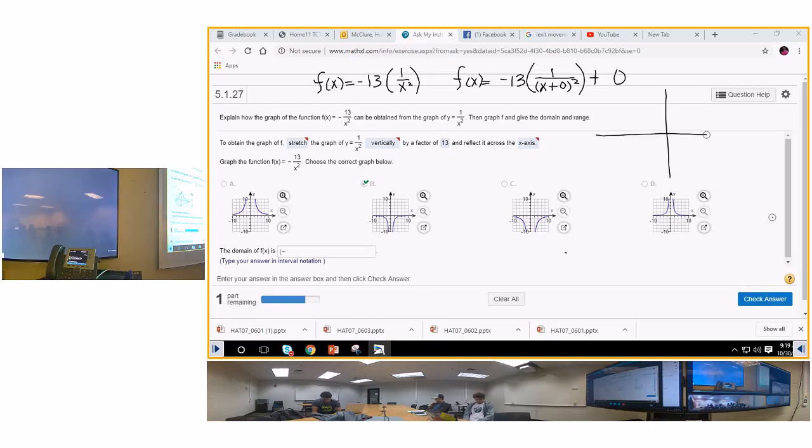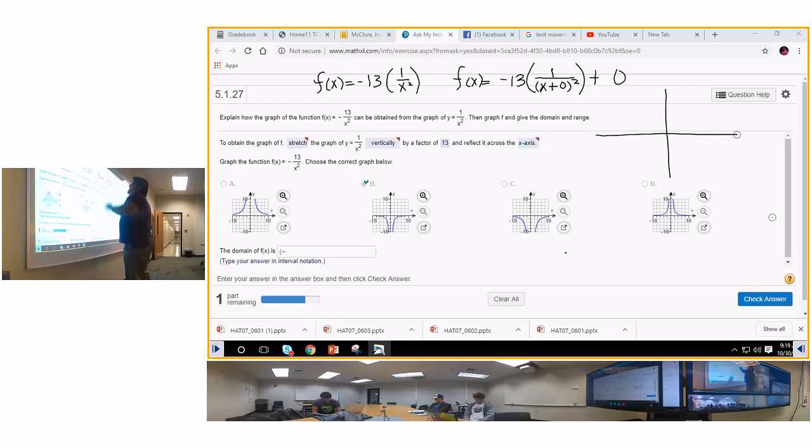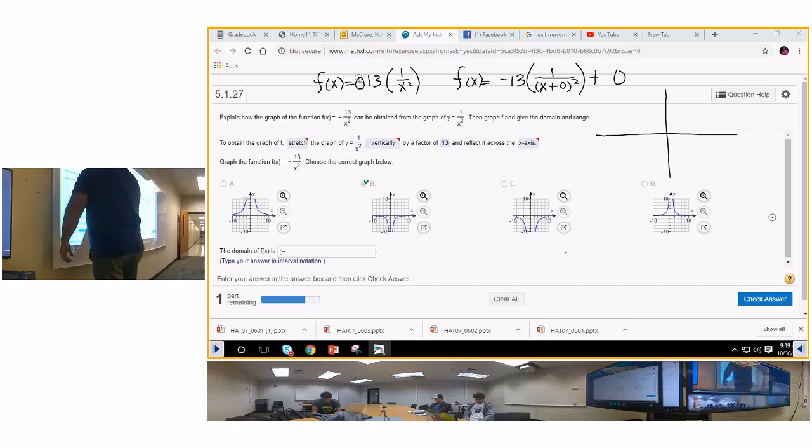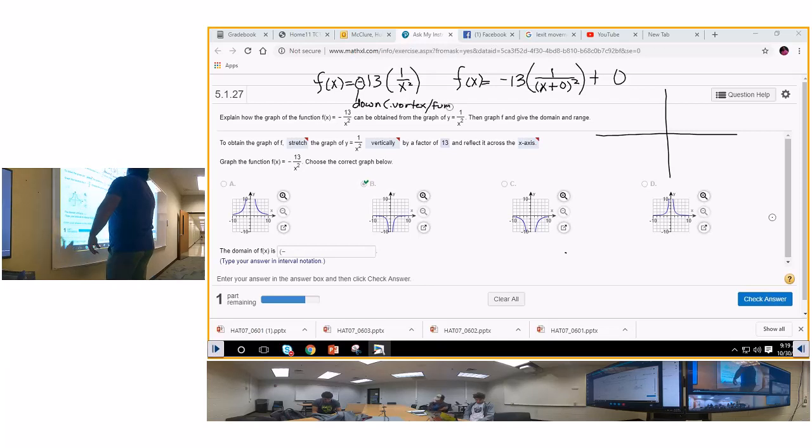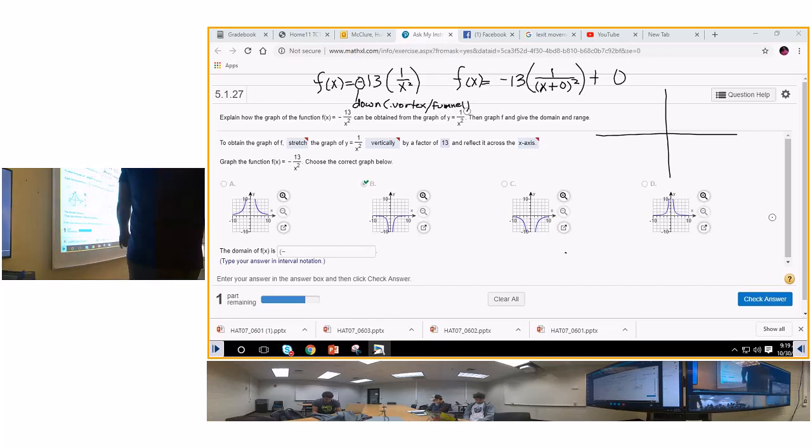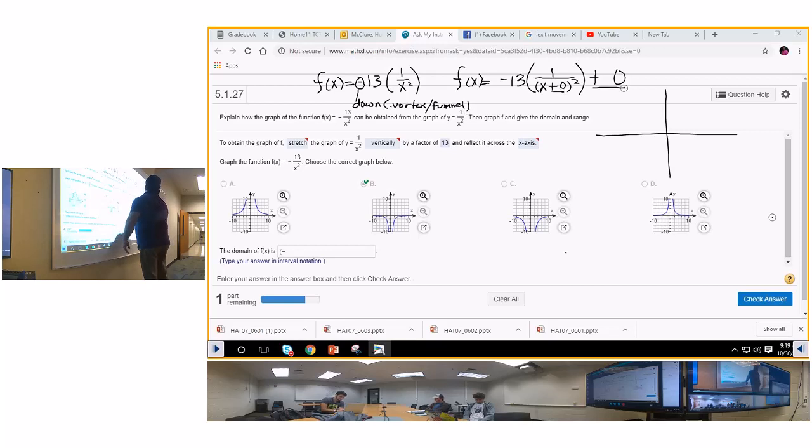And it's going to be a vortex or a funnel because this means it's going down. Anyway, we know the horizontal shift is 0, the vertical shift is 0 because there's nothing there. So it's going to look like this.